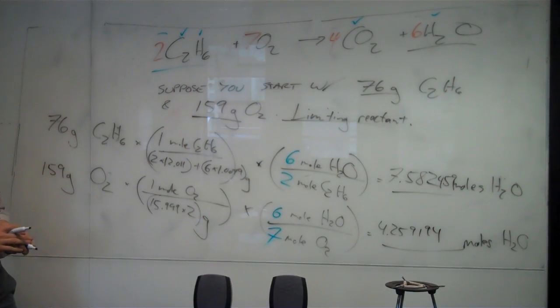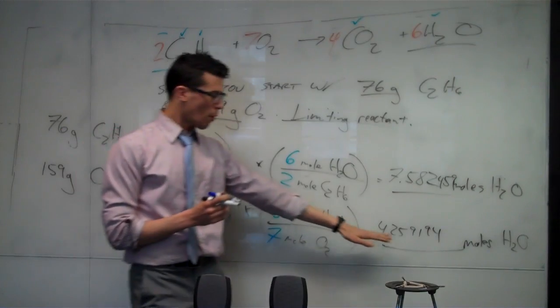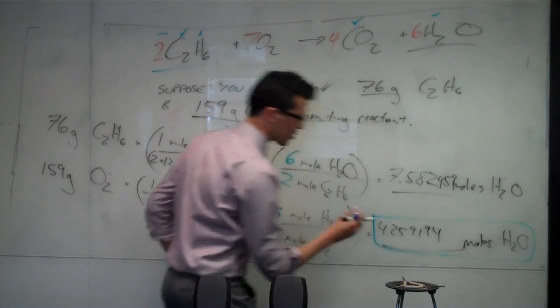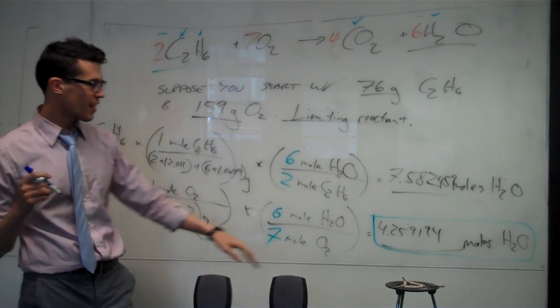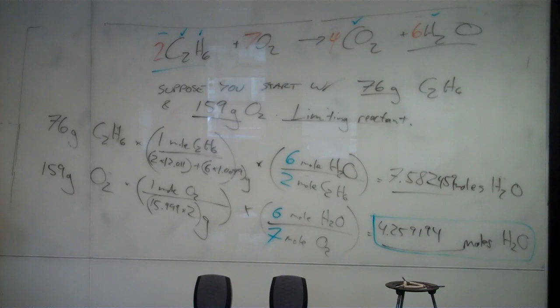Okay. So you can see which one's going to be giving you more product, which one's going to be giving you less product. This oxygen is going to be limiting your reaction. So this is our limiting reactant. You won't get full points if you circle this. If you circle this, this will not be the correct answer. That's telling me that you've got less product over here, so that's not telling me what the limiting reactant is.